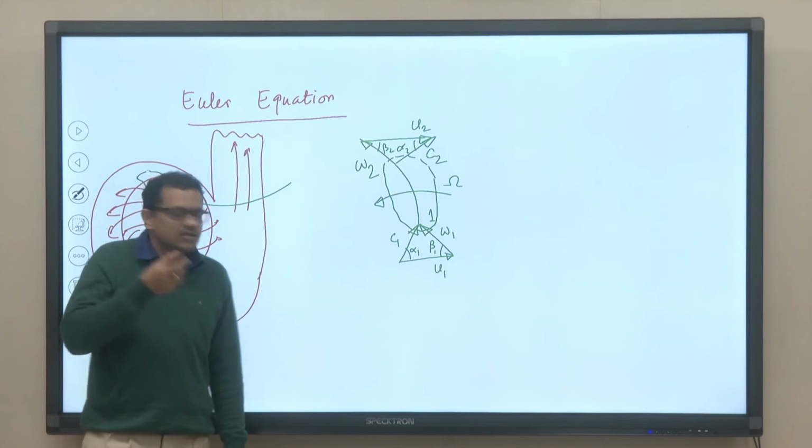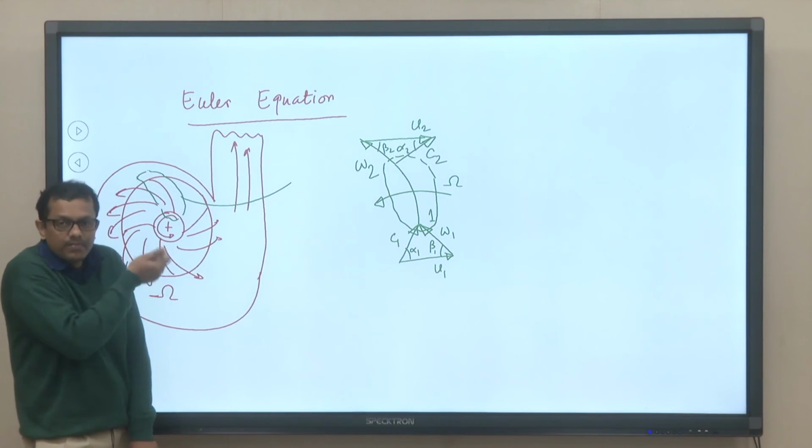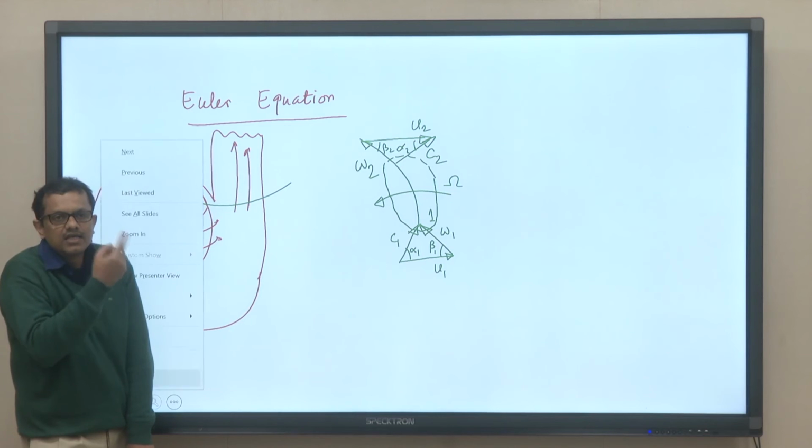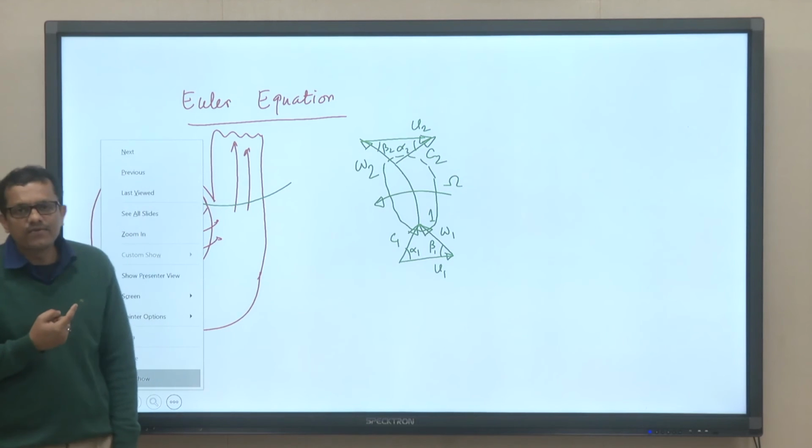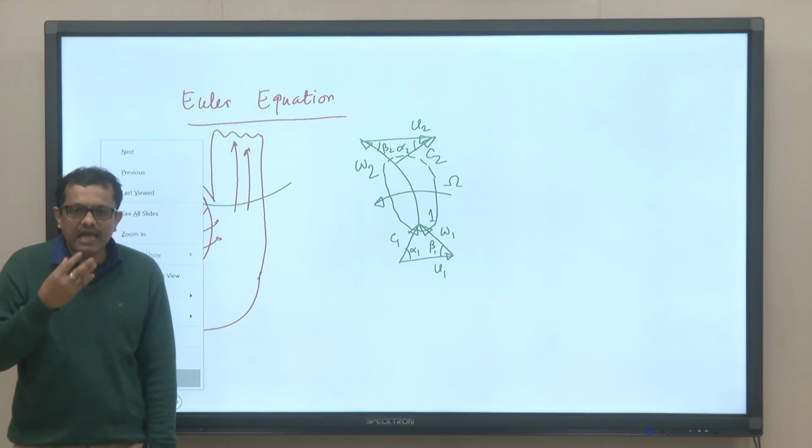The incoming fluid may have rotational motion of the fluid particle about its axis.